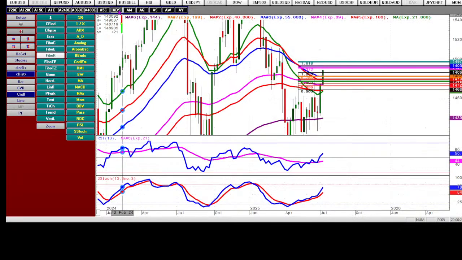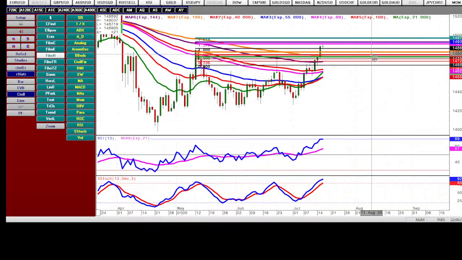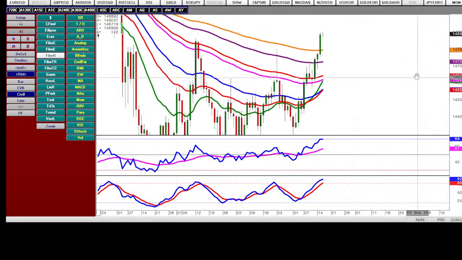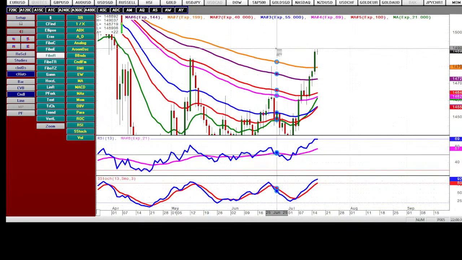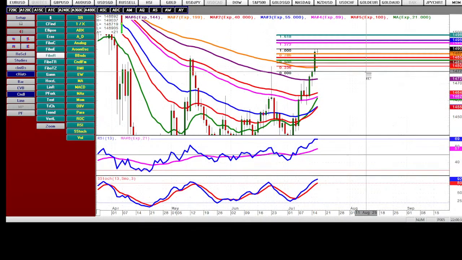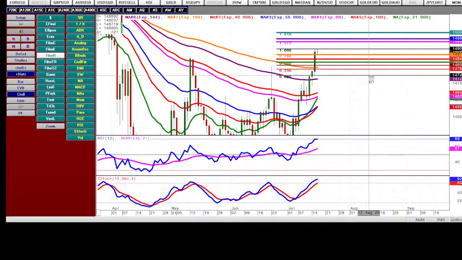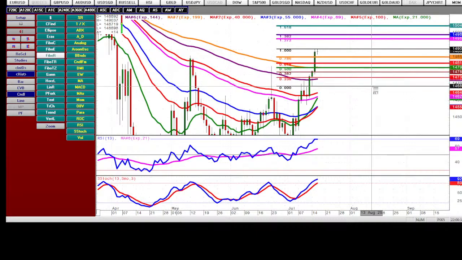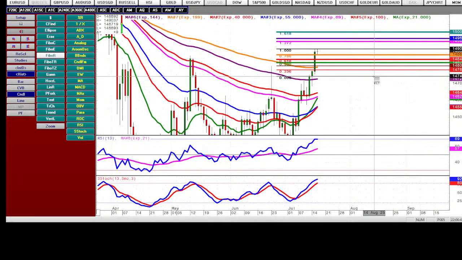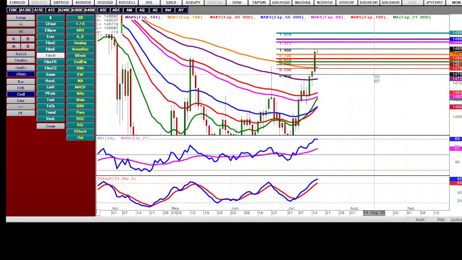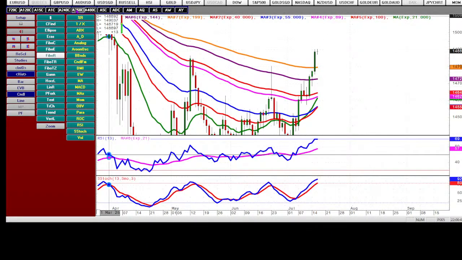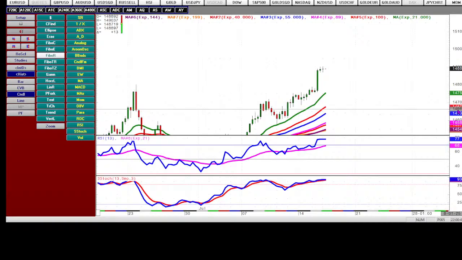So if we are looking at the daily target, we should be seeing extension of this daily, which is about 150, and 149.60. Okay, so this is the daily target.